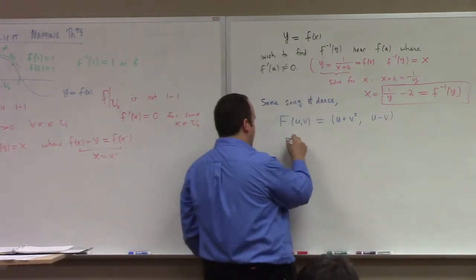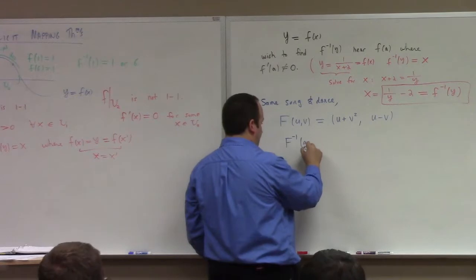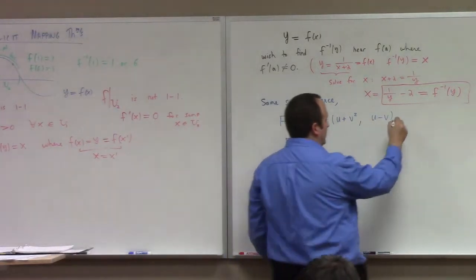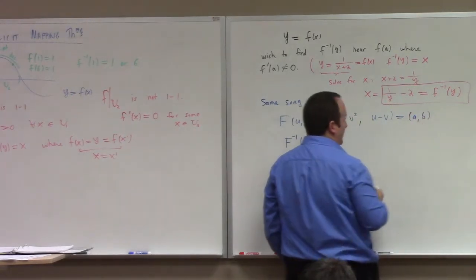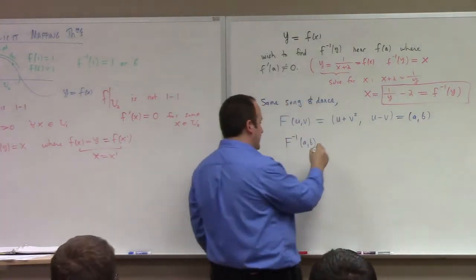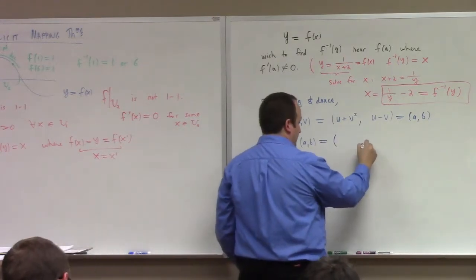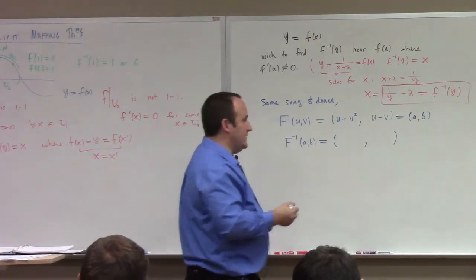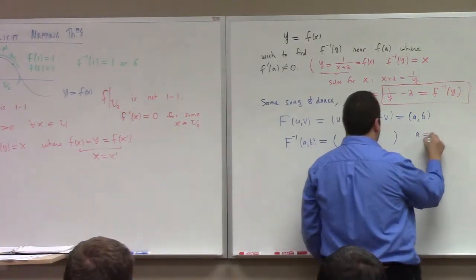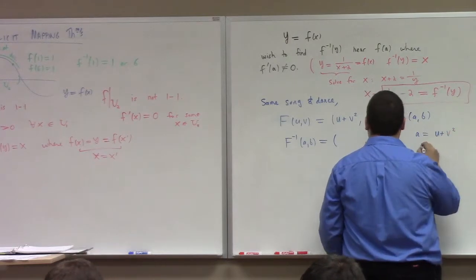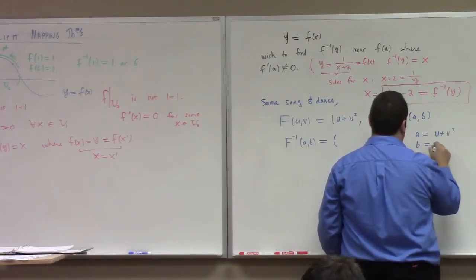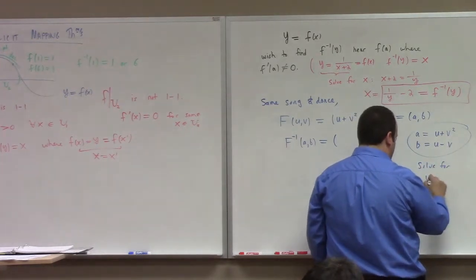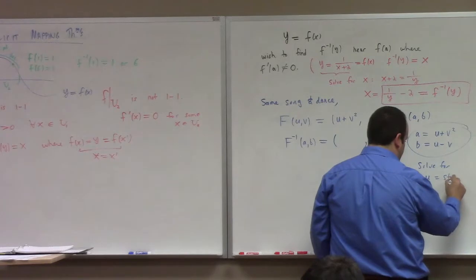And I want to find f inverse of a comma b. What I do is I take a equals u plus v squared, and b equals u minus v, and you solve for u and v.